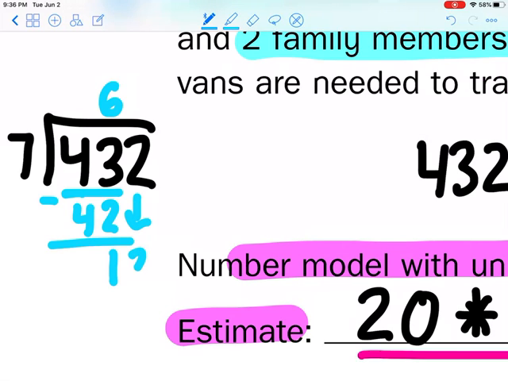Then I'm going to bring down that 2. I know that 7 can't go into 12 evenly, because 7 times 2 is 14. That's too big. And I know that 7 times 1 is 7. And then 12 minus 7 is 5. So I have 61 remainder of 5 as my answer.